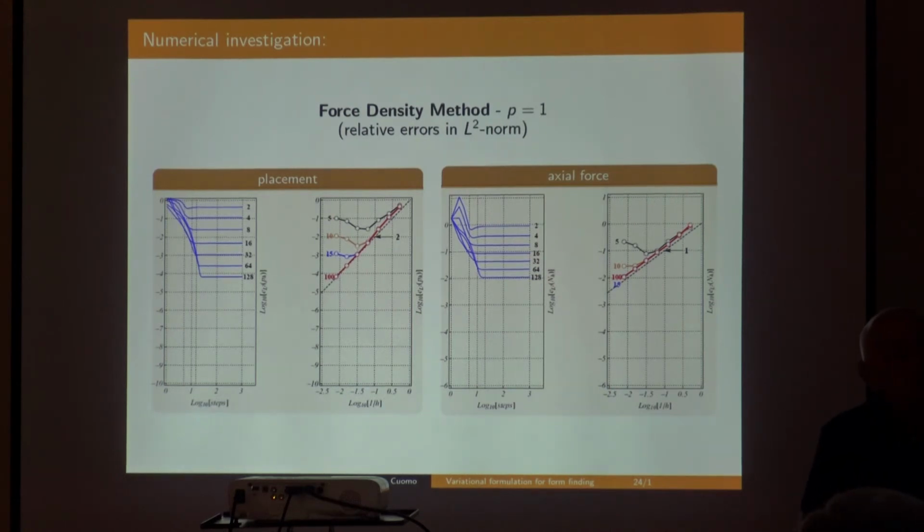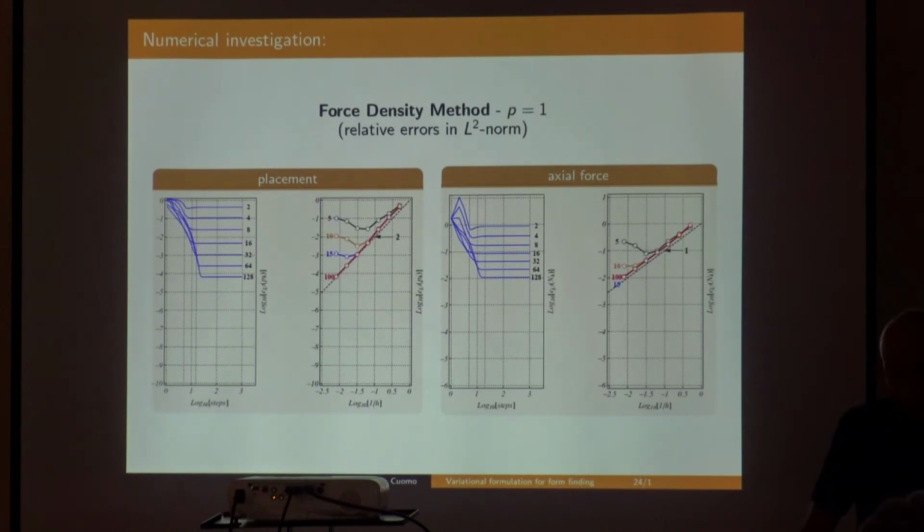We are discretizing the structure with splines or NURBS, in order to guarantee continuity. This is the example made with NURBS of higher order. This one is order 1, so just a linear polynomial.